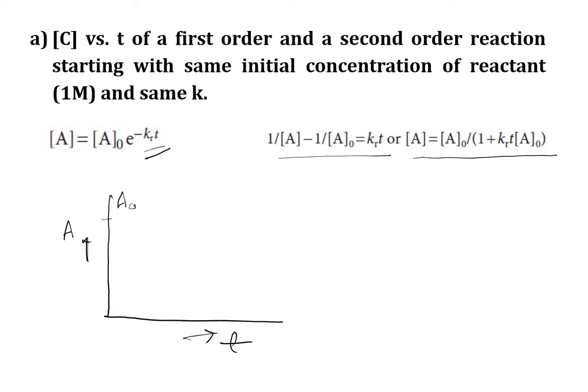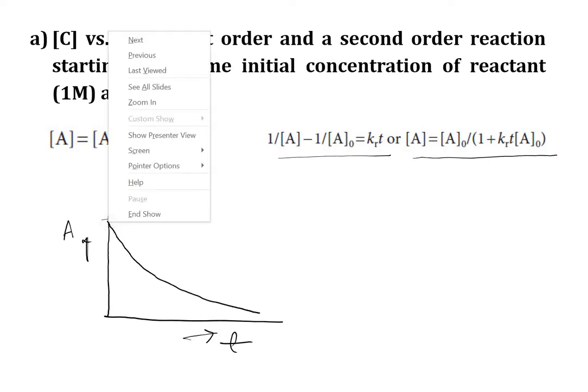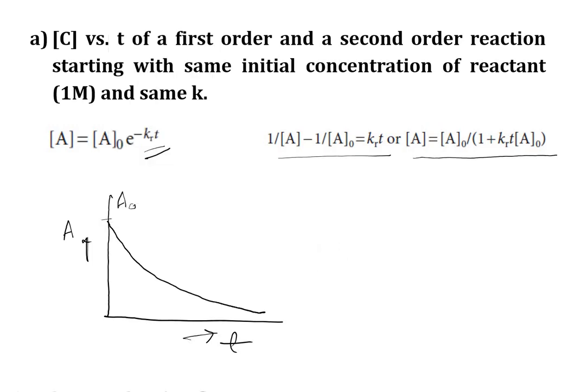So it starts from A0, and when t is infinity, e to the power minus infinity is 0. So after infinite time it would go to 0. Better you just draw an exponential decay, but don't touch the x-axis. You can put some dotted line here up to 0. Okay, so this is the first one.